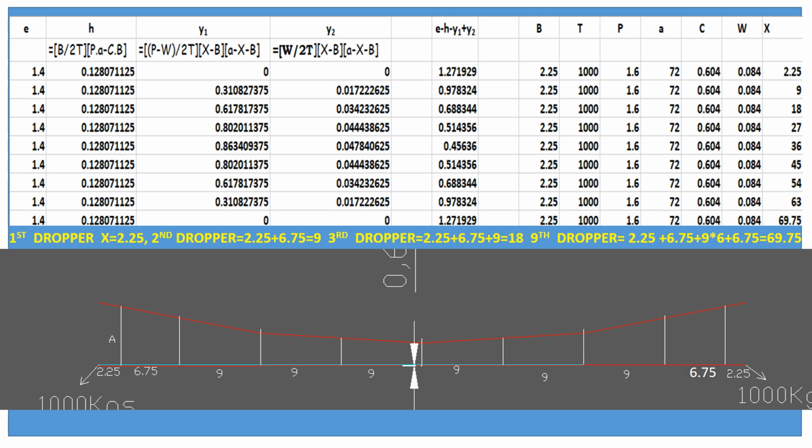Dropper length is very much required where the implantation is not 1.4. Somewhere in walls and structures, under bridges, under tunnels, it is reducing. Somewhere it is 500 maybe. In sidings and other places, the situation is such that you have to reduce up to 500.